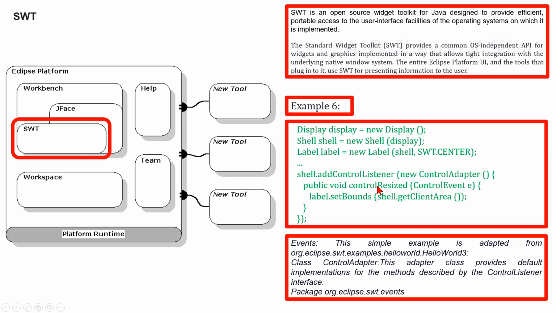If there is more than one method defined in the listener interface, then there is an adapter, XYZAdapter, that implements the listener interface and provides the empty methods. All of the events, listeners, and adapters are defined in the package org.eclipse.swt.events.